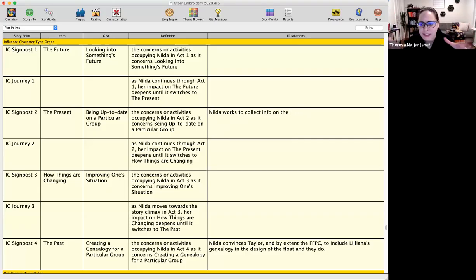And she does that just as a kindness to Liliana, because Liliana's bedridden, and so she's collecting the dossier information so that Nilda and Liliana can be up to date on both the groups.